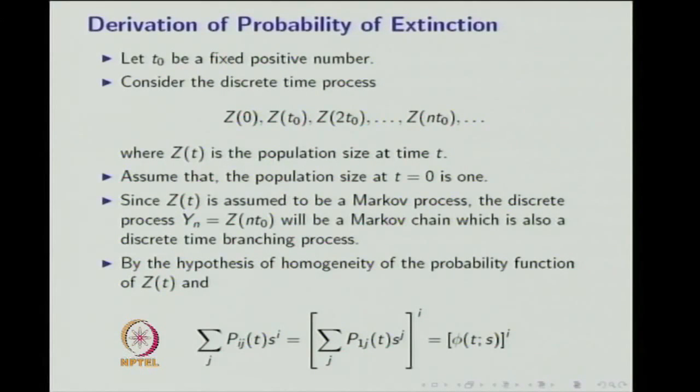By the hypothesis of homogeneity of the probability function of Z(t), the probability generating function of P_{ij}(t) is the probability generating function of P_{1j}(t) raised to the power i.